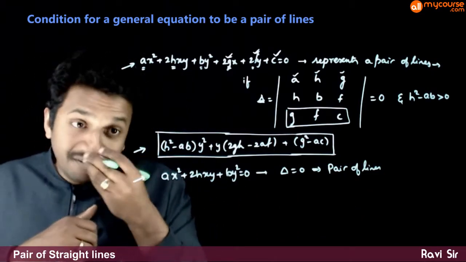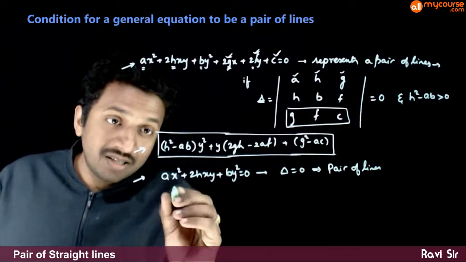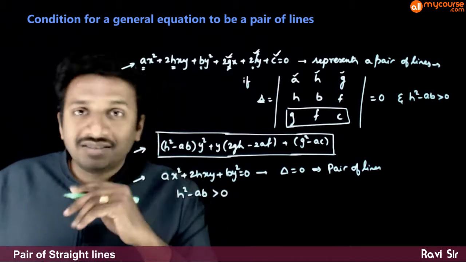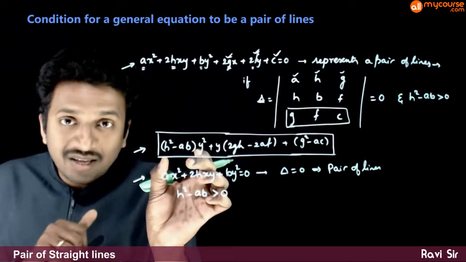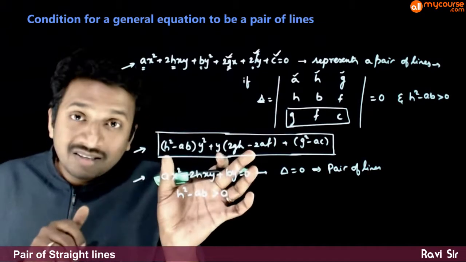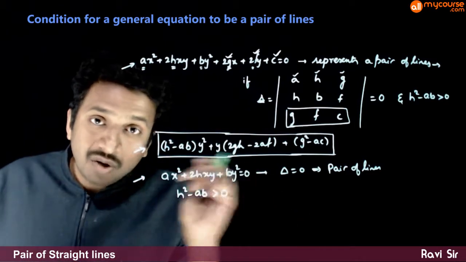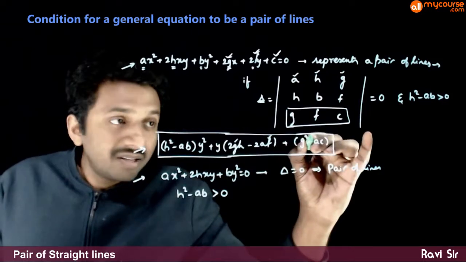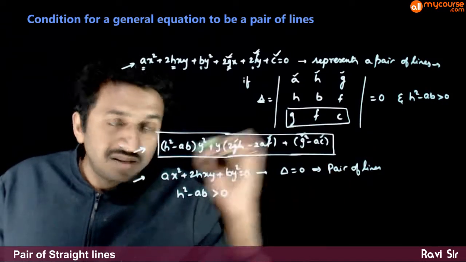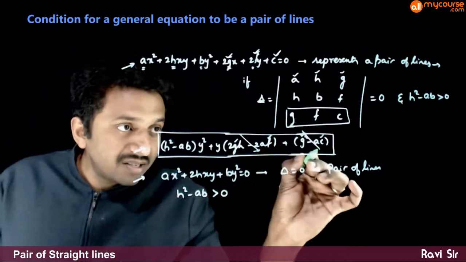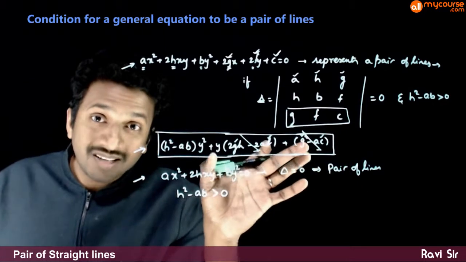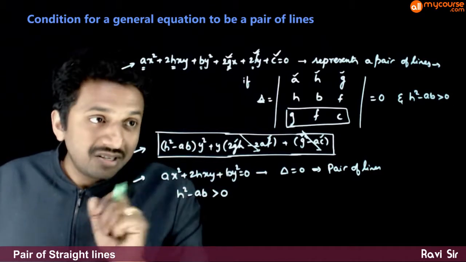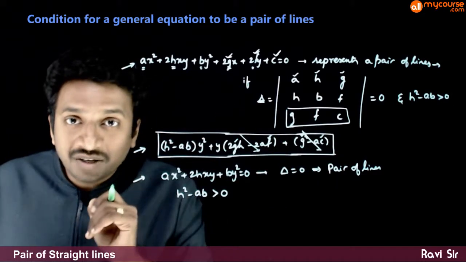And if h square minus ab is greater than 0, as you can see, g, f, c is already equal to 0. So this term is 0, this term is 0, g is 0, c is 0. I have written the expression that you have got inside the square root. For the homogeneous expression, this and this have become 0.